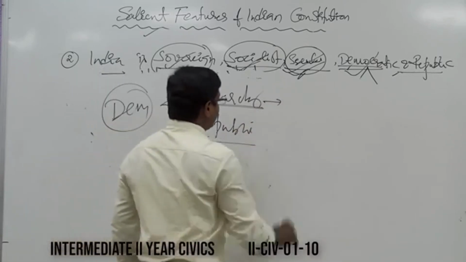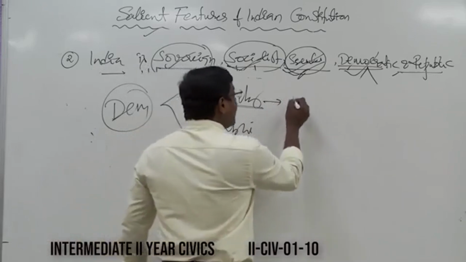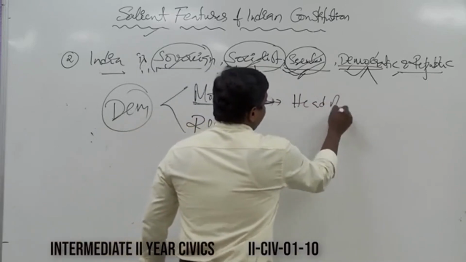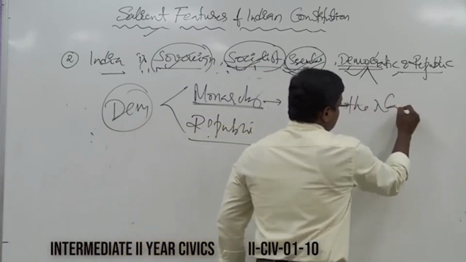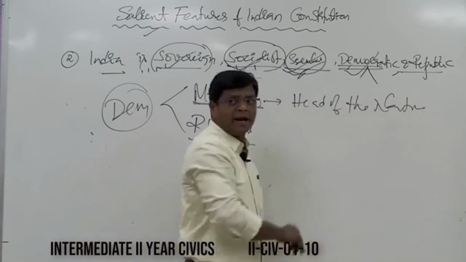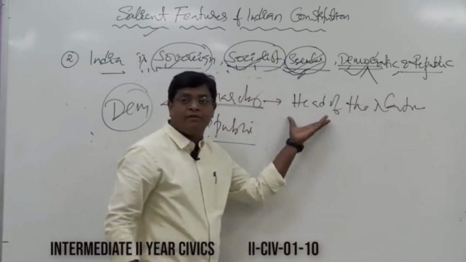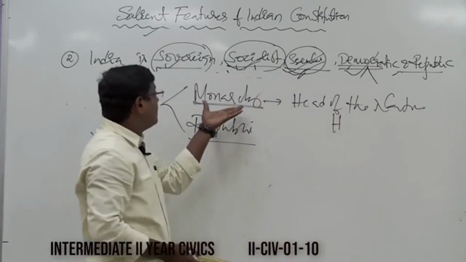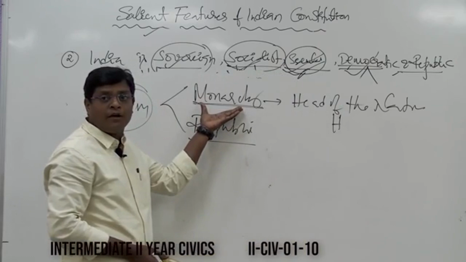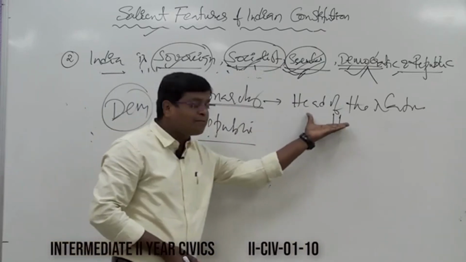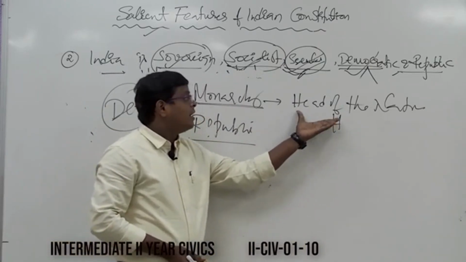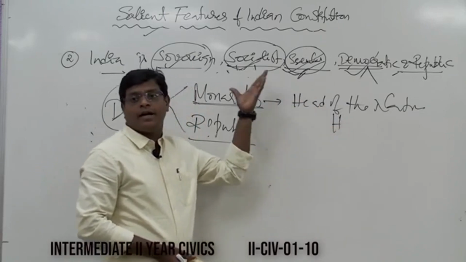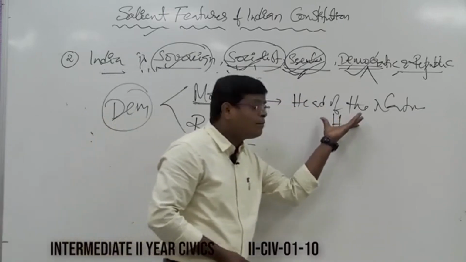In monarchy, the head of the nation comes in a hereditary manner. There is no election for the head of the nation in monarchy. That's why we did not adopt such a hereditary manner, which is followed by Britain.